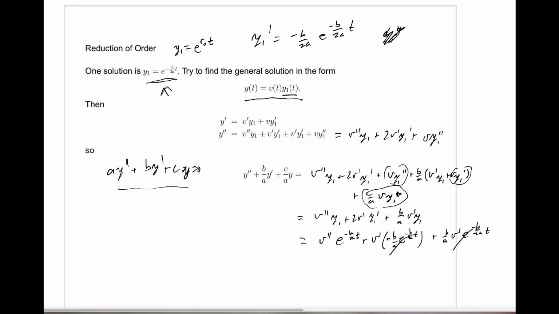You'll notice these cancel, and I get exactly v'' times e to the minus b over 2a times t. Well, this will equal 0 exactly when v'' equals 0. And since e to the minus b over 2a times t is never 0, I can divide through by that, and I need v'' to equal 0 in order for this equation to hold.